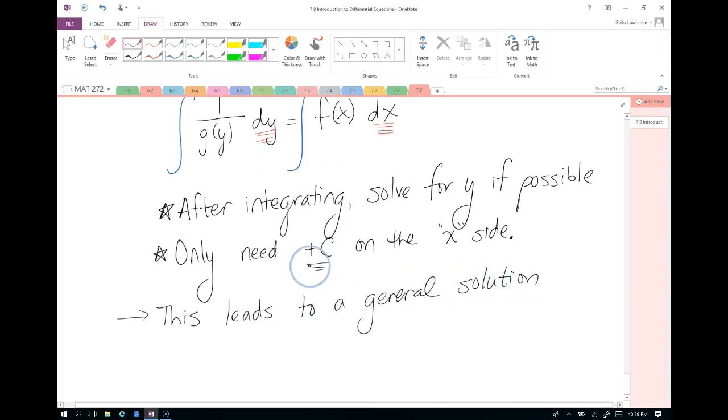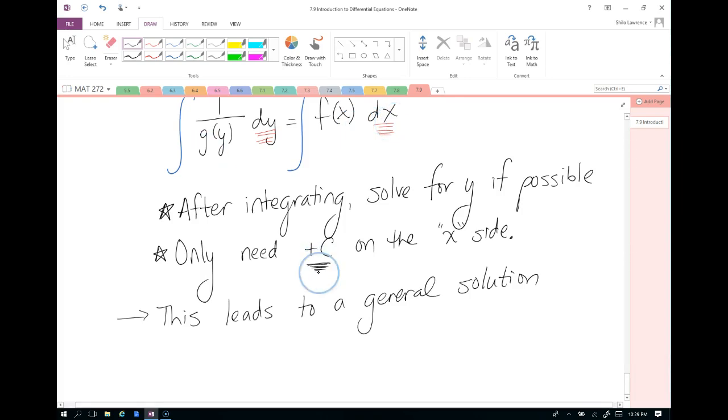There is this spot where we have this arbitrary constant, which technically could create lots of different functions. For example, if we got y equals x squared plus c as our answer, technically that means x squared plus 2 will work, x squared plus 9 will work, x squared minus 5 will work.